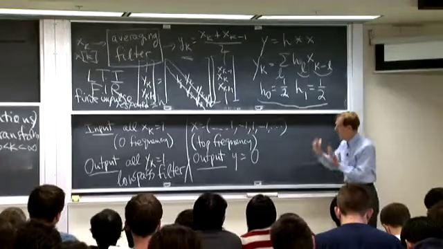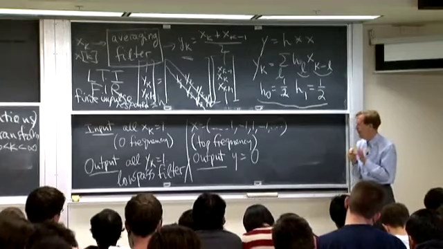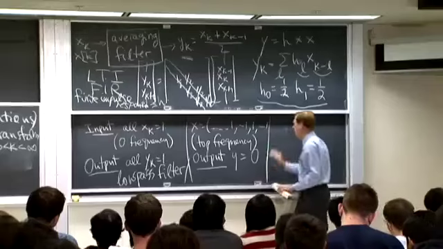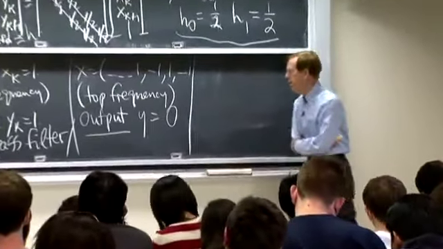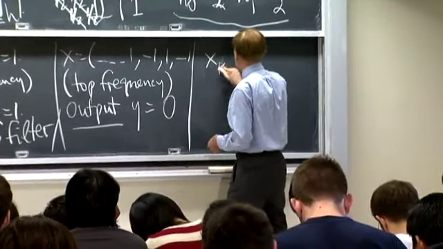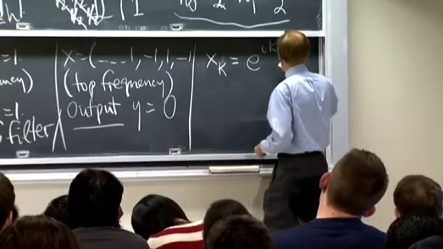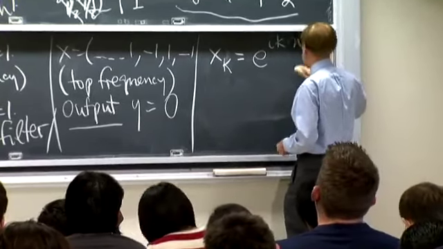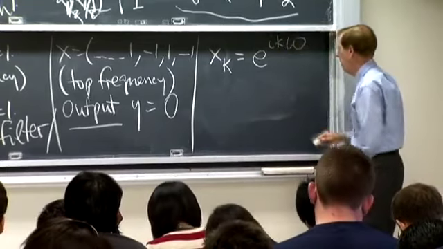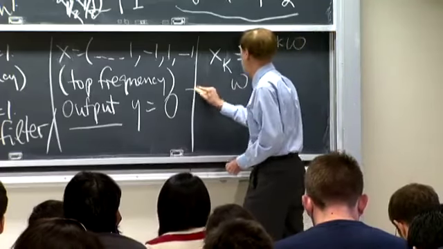Okay, so that's 2 examples. Now, what about frequencies in between? Because ultimately, we want to see what's happening to frequencies in between. So what's an in-between frequency? In between, xk could be e to the i k omega, where this omega is somewhere between minus pi and pi.